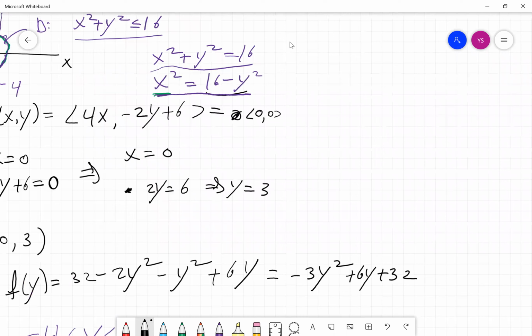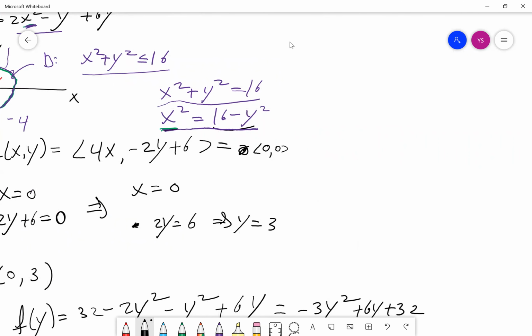Yeah, plug it in to this equation over here or into your boundary, but this equation, we would have x squared is going to be equal to 16 minus 1, right? So that tells me x squared is going to be equal to 15. So x is going to be equal to plus minus the square root of 15, which is less than 4.